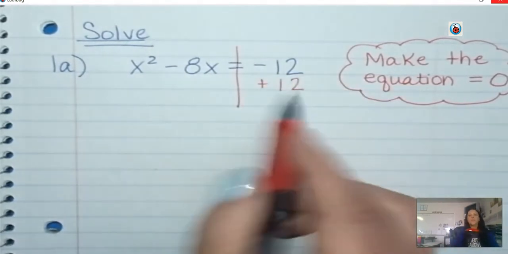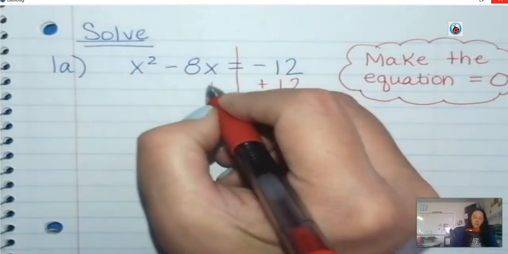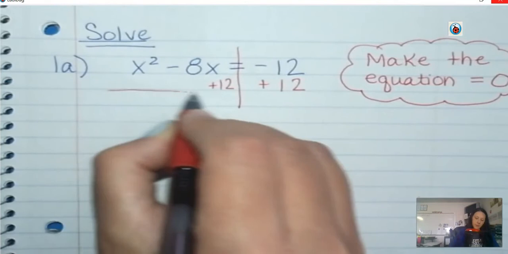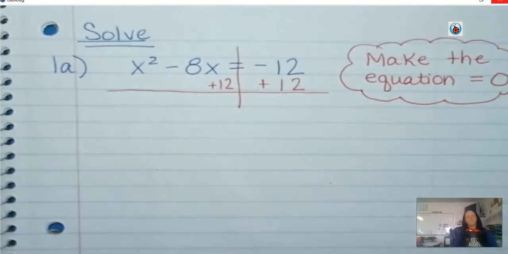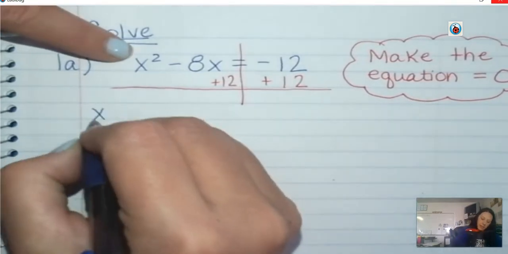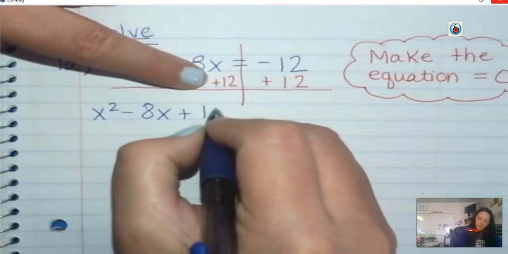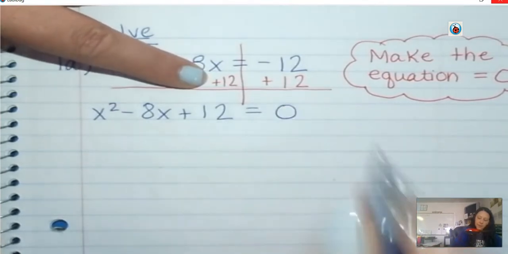If I add 12 to one side, I have to add it to the other. It is not a like term, so I'm going to put it over to the side a little bit. So now my equation is x squared minus 8x plus 12 equals 0.